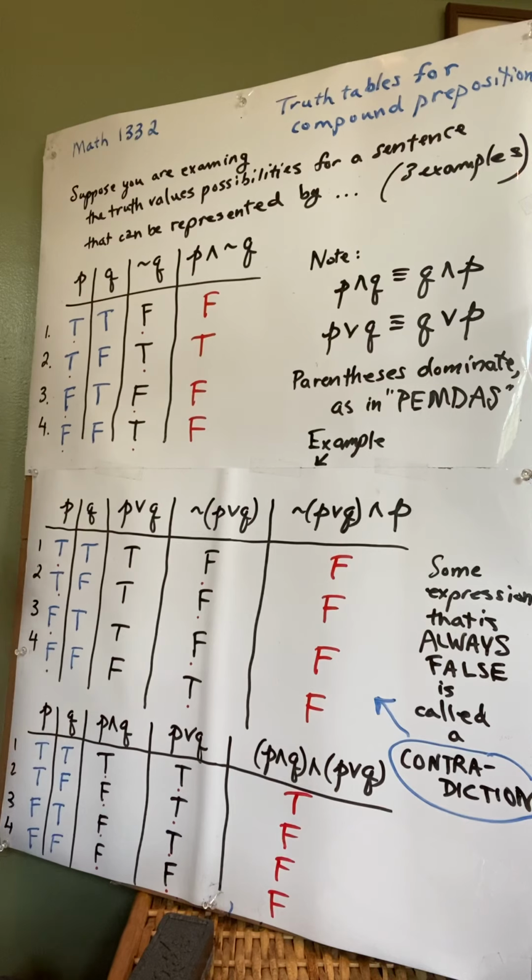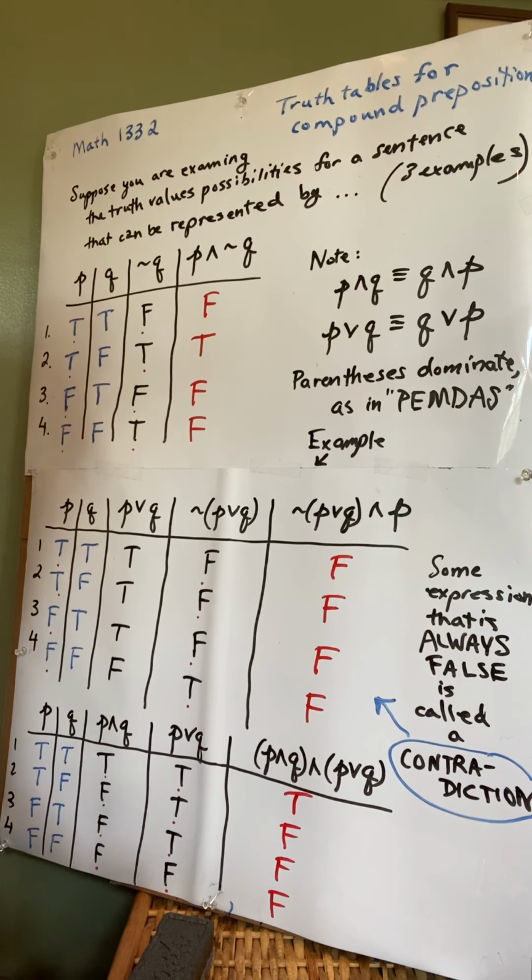Wow, look at this. No matter what the setup with P and Q, no matter their truth values in all 4 possible cases, that expression is always false. An expression that's always false in all cases is called a contradiction. Your book is calling it a self-contradiction. I'm not really sure why they're having to add the word self.